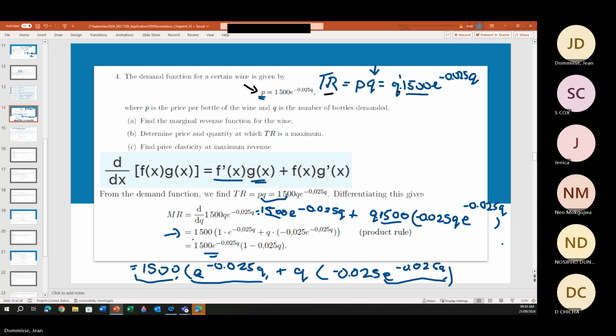Okay, so again, it is important to look at your options, because that might have been the final answer. So first look at your final answers to see how far you need to simplify.